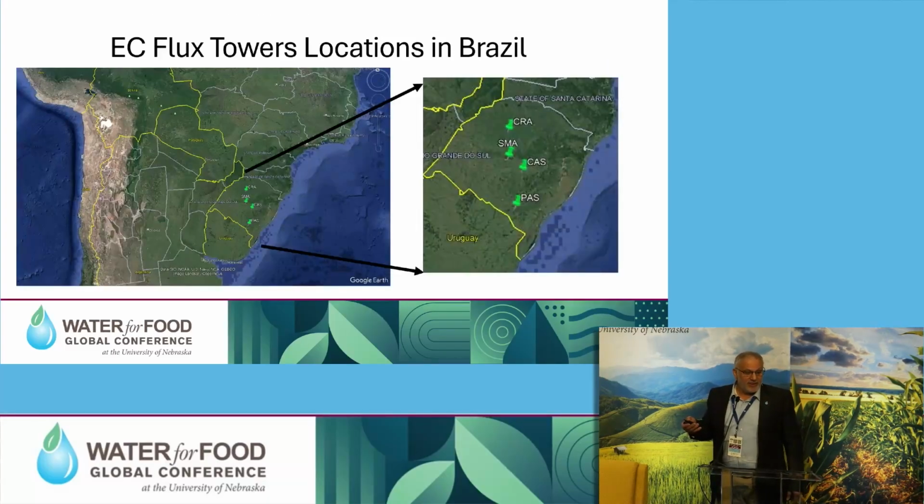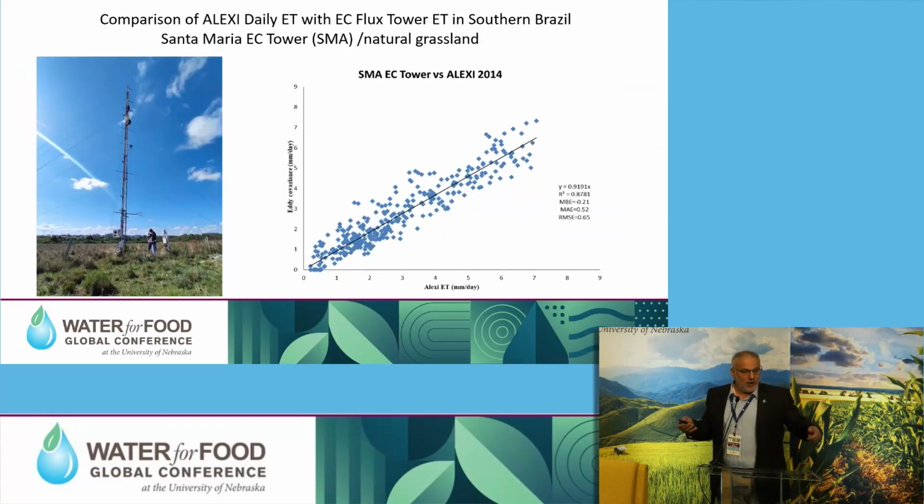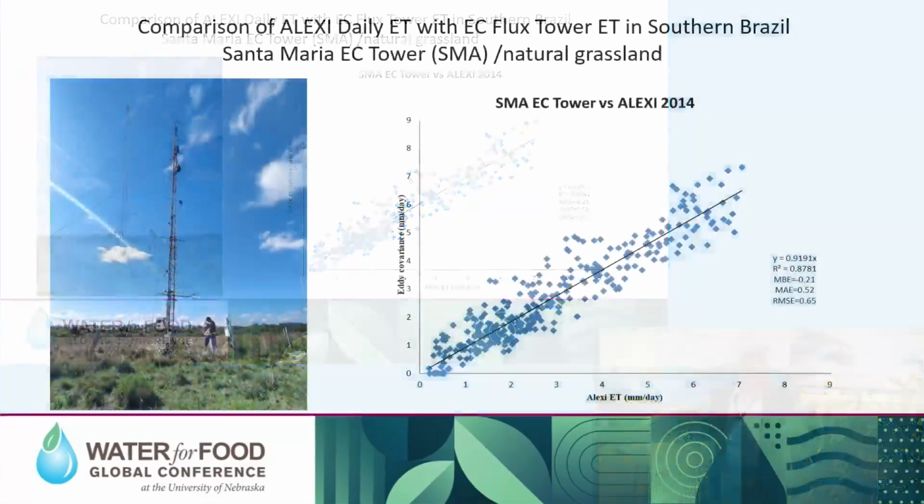But in Brazil, we have four eddy covariance towers in southern Brazil. I'm going to show you one example of those because of time. So we have a better correlation here.